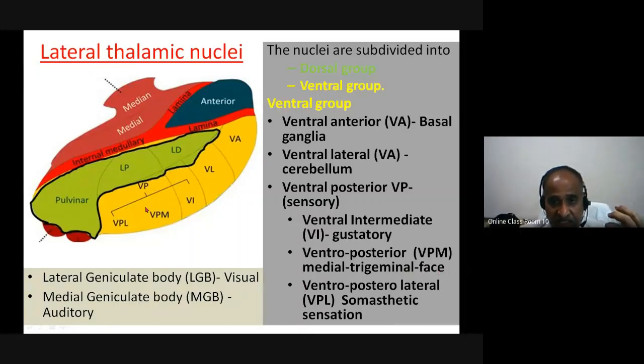Then this part is VPL, and the VPL is the somesthetic sensation of the entire body, the medial lemniscal or lateral lemniscal organization. So this is about the nuclei of the ventral group. Also in this ventral group, we have the lateral geniculate body for visual, and the medial geniculate body for auditory sensations.